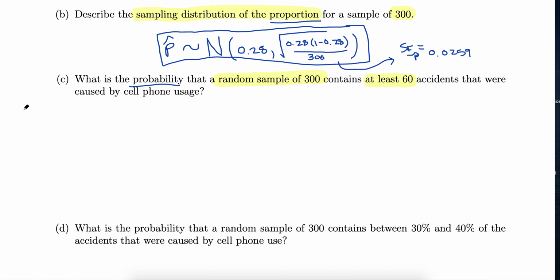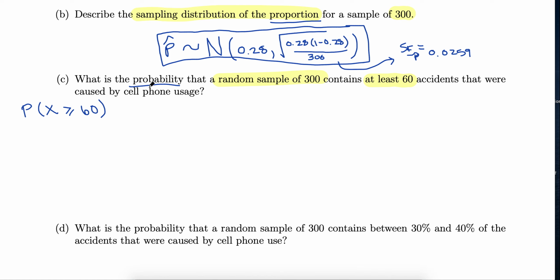So I'm going to say the probability of X, the number of accidents caused by cell phone usage, is at least 60. That's what I want to find the probability of. And again, this is 60 out of a random sample of 300.